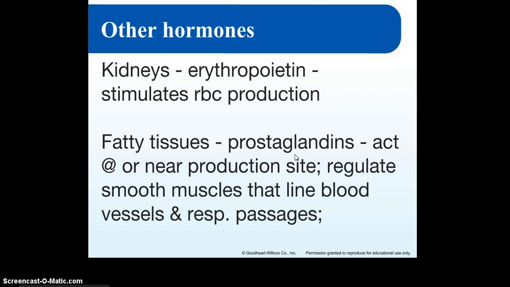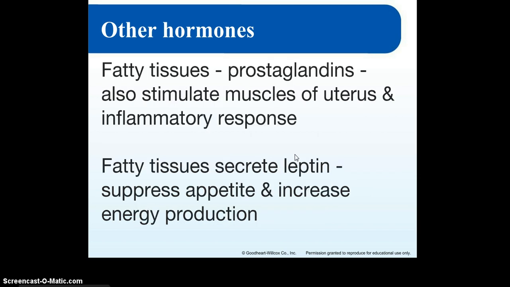But they do these things. And another thing interesting that they do is they have to do with the inflammatory response. And I've heard some research about that having to do with how it crosses the blood-brain barrier, which is interesting. Okay. And then your adipose tissues, your fatty tissues, also secrete leptin. You may have seen this commercial, this weight loss commercial as well.